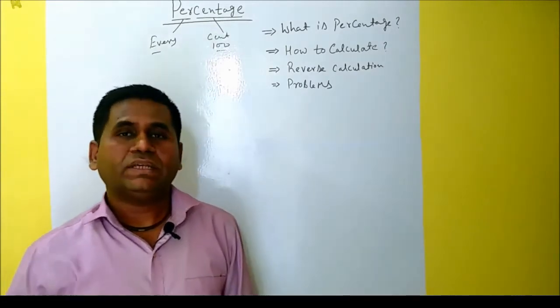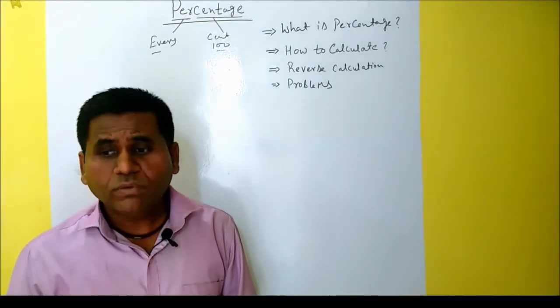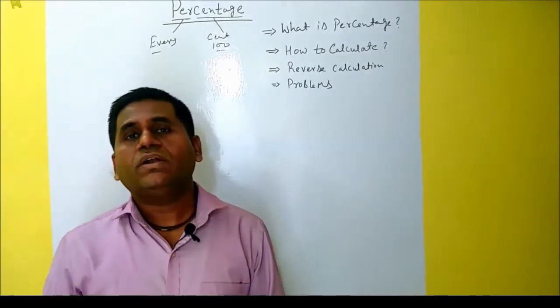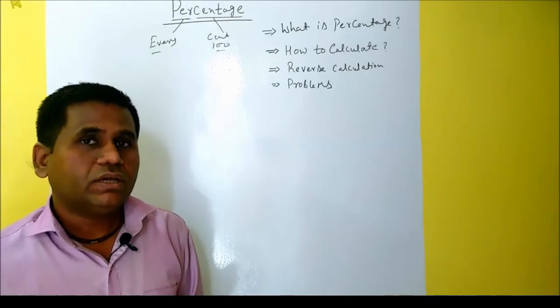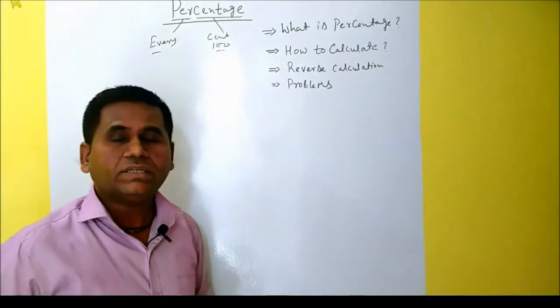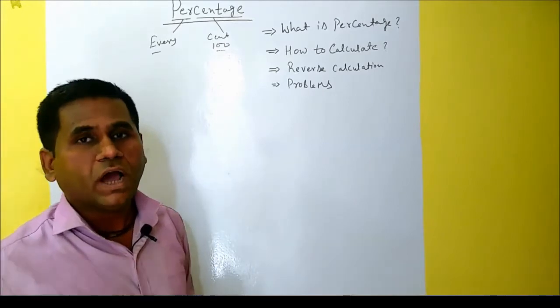We'll give you an example for this. Before that, let's understand why 100 only. 100 is a standard set by the mathematicians. So when we say percentage, that means out of 100 how much.